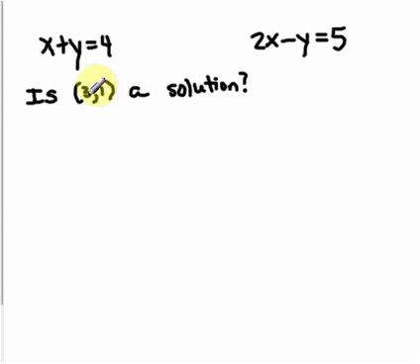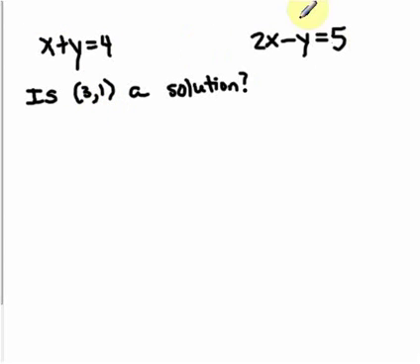X is the first coordinate of the ordered pair, and y is the second coordinate. And then what you're going to do is plug that ordered pair into each equation. If you get a true statement on both of them, then the answer is yes, it's a solution. If you get a true statement only on one but a false one on the other, then it's not a solution to the system. It's just a solution to one of the equations, so you just say no, it's not a solution to the system.